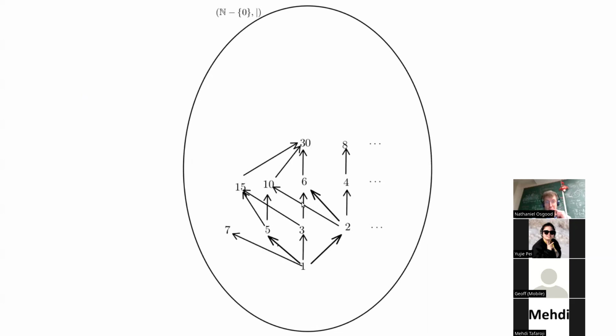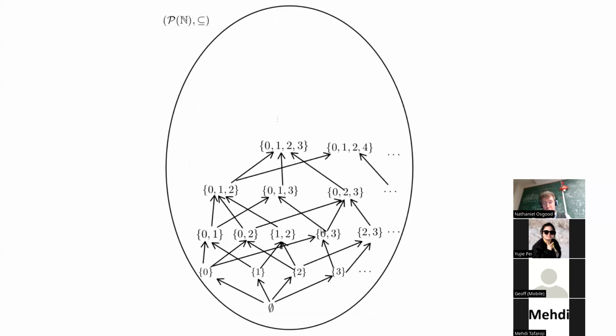When we have something like this, we have an arrow from object A to object B if A evenly divides B. The meet, the so-called product in this category, will be the greatest common divisor. For 4 and 6, the greatest common divisor is 2. And the join will be the least common multiple.